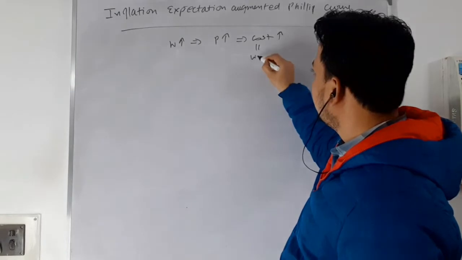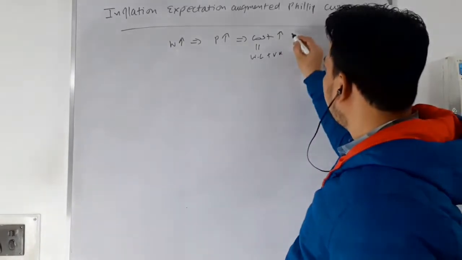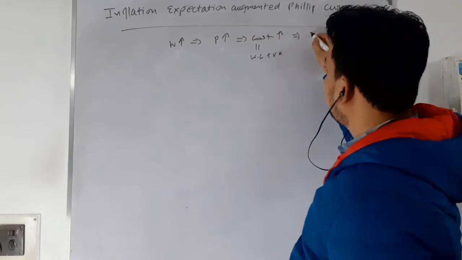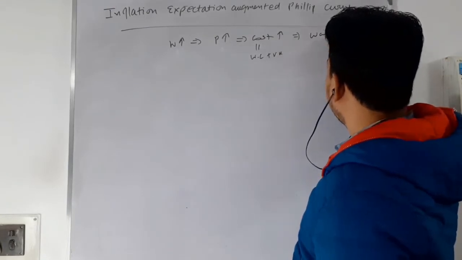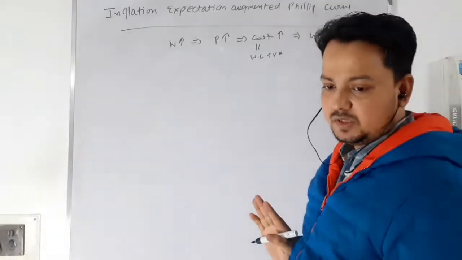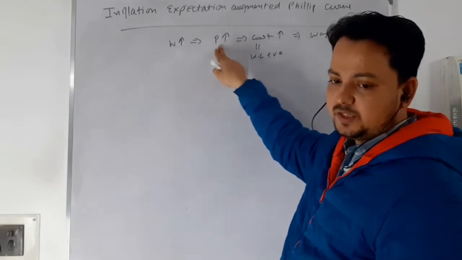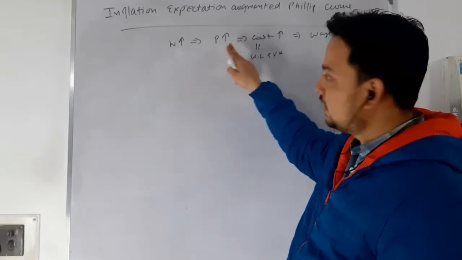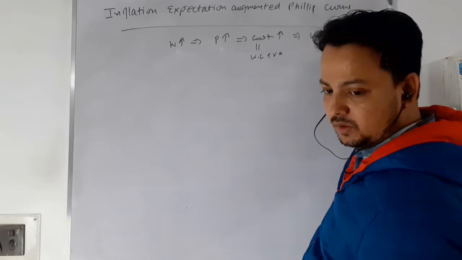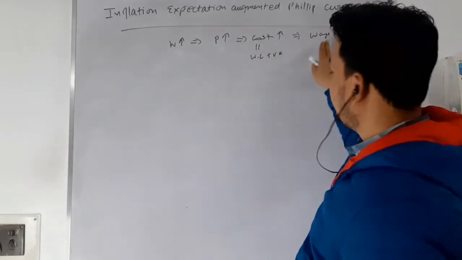Cost, if you remember, is wage times labor plus rental rate times capital. So when cost is rising, you will have wage inflation in the economy. Inflation in general means an increase in prices. So when there is an increase in wages, prices are increasing in the economy, and that is creating inflation. This inflation that is caused by an increasing wage rate is called wage inflation.